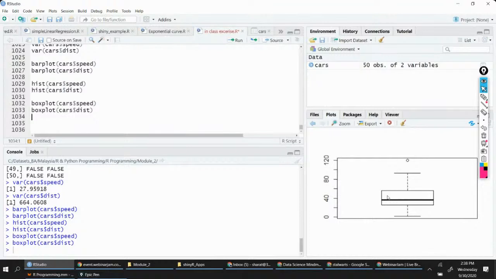So if your data is continuous, then what do we do? We have to verify whether this data is normally distributed or not, right? So let's also check for that. How do we check whether the data is normally distributed or not? How do we check that, guys?